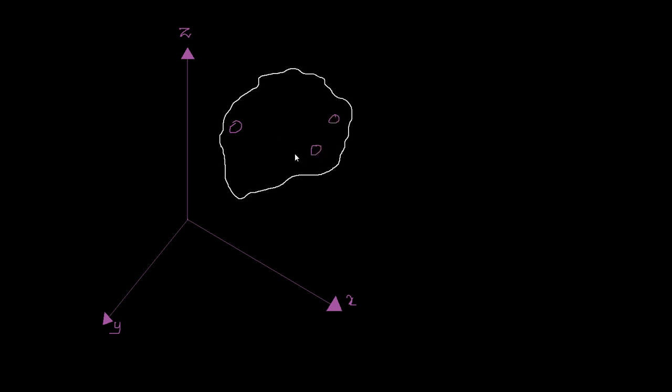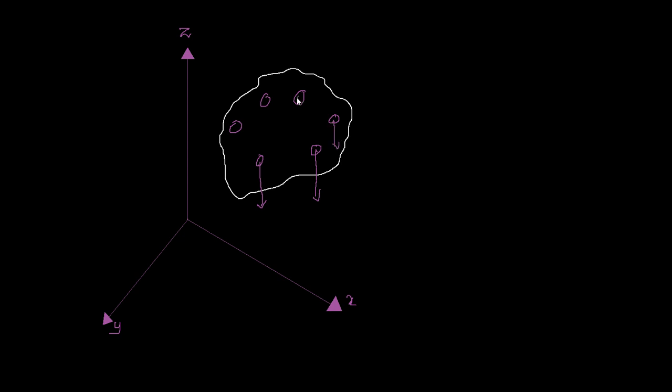If this body is placed in a field of gravitational attraction, then each of these particles which are having a mass will be subjected to the pull of the gravitational attraction, and therefore they will have a weight or a force, and you know that force will be acting in the direction of the gravitational pull. Let's assume the pull is in this direction.